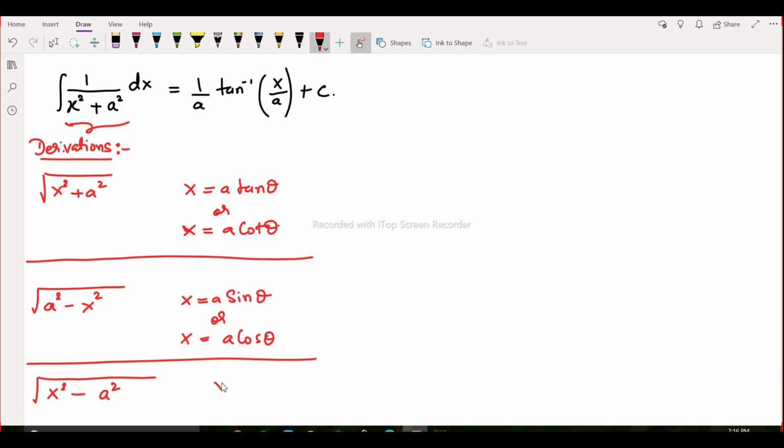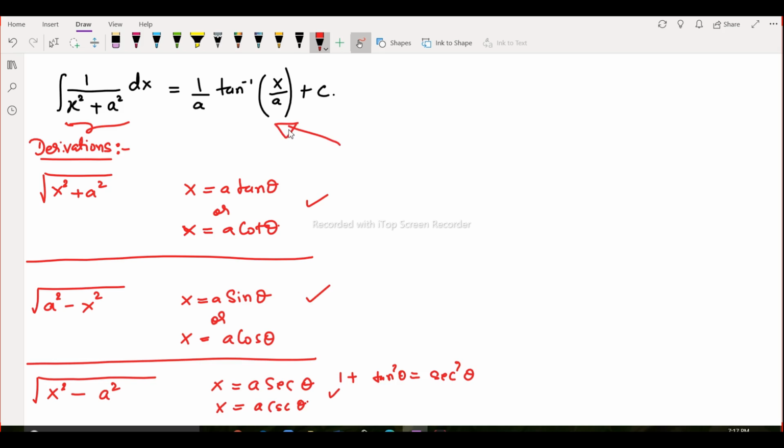In this case you put x is equal to a sec theta or x is equal to a cosec theta. The reason here is that 1 plus tan square is sec square, so sec square minus 1 is tan square. If you put x as a sec theta, you'll have a square sec square minus a square, right? So these are the three types we should remember in order to derive these formulas.